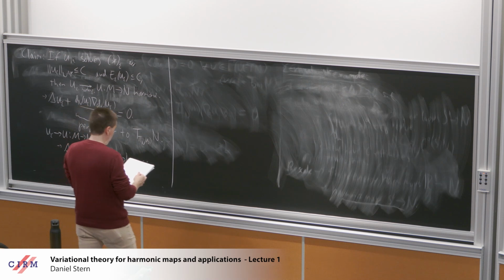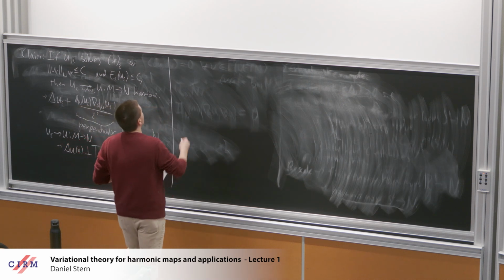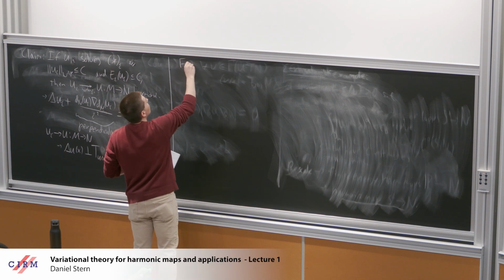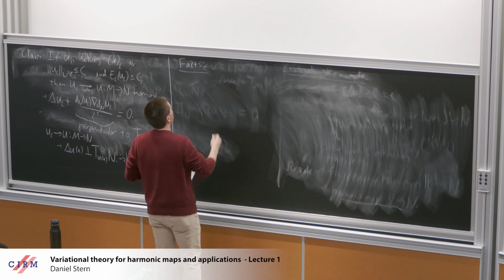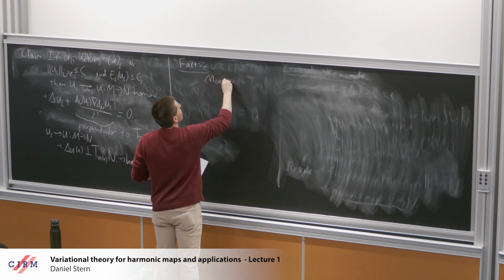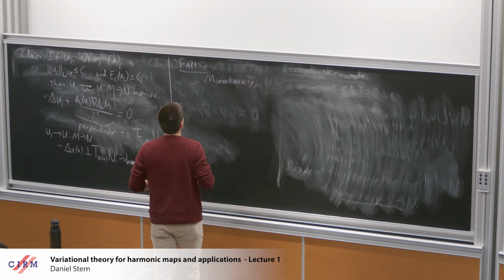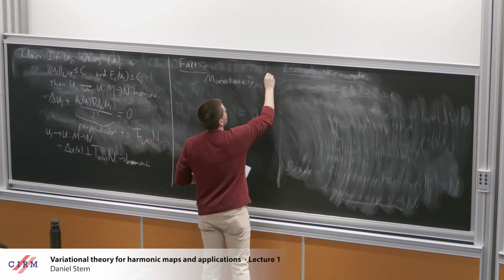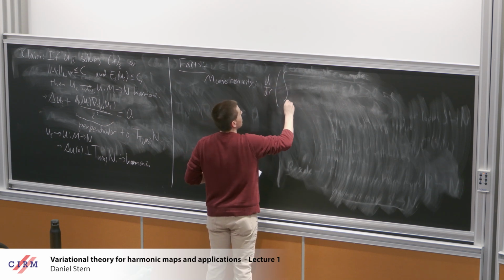Let me not say too much about those, but maybe I'll just say the key ingredients. What are the key facts? We have a monotonicity for the n-2 density on small balls. So in particular for Euclidean space, we have something like this.